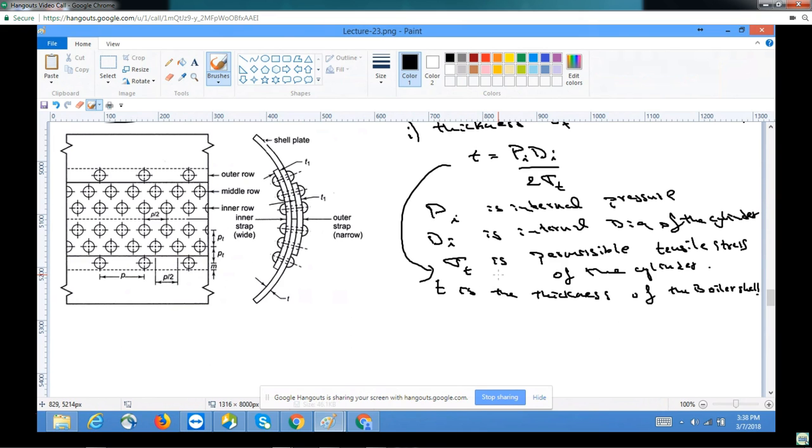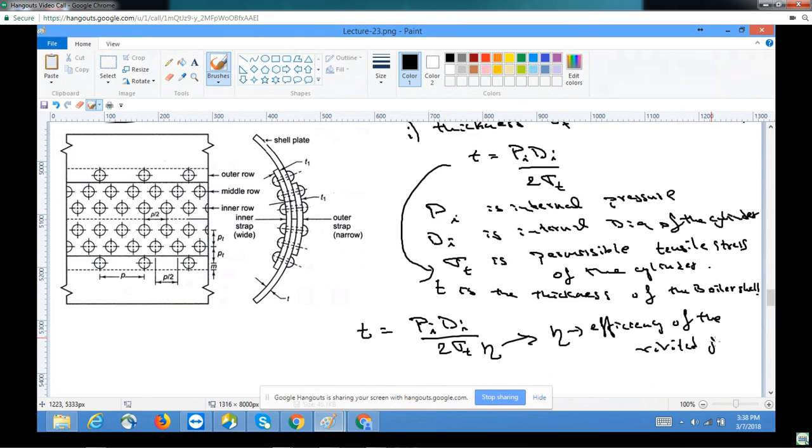Sometimes, since these are used for boiler applications, they are generally also used with a certain efficiency. So in those cases, we modify the above formula by dividing it by an efficiency, where eta is the efficiency of the riveted joint.